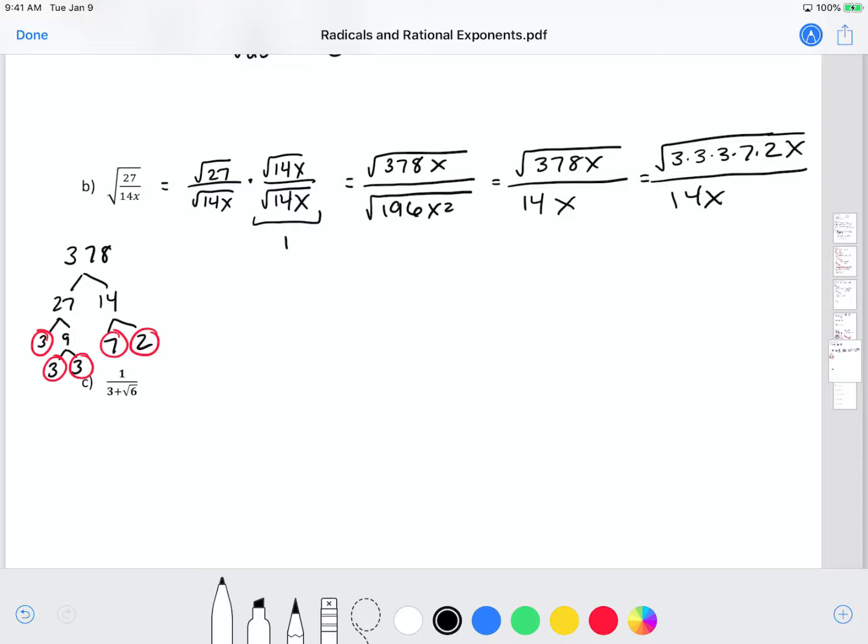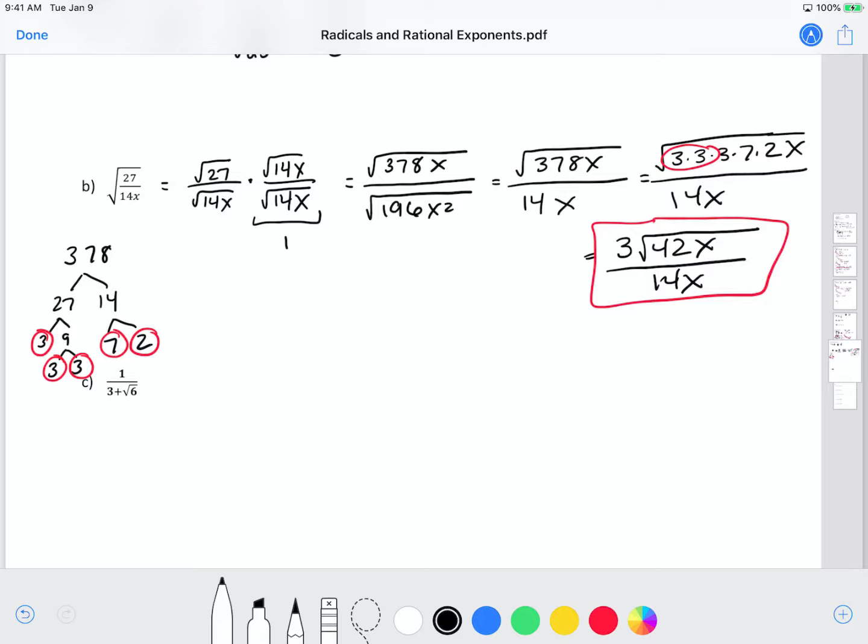And now, because this is the square root, anytime I have 2 of the same number underneath, I can pull it out as 1. I can pull out these two 3's as a group and bring it out as 1, 3. So I have a 3 on the outside, and then what's left over inside is 3 times 7 times 2, which is 42x left underneath, all over 14x. And then now we're done.